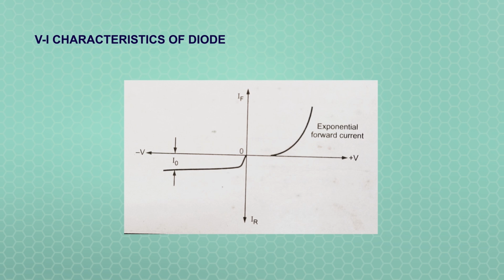And in the reverse bias direction, when the reverse bias is applied, a small amount of leakage current flows and its characteristics is linear in nature. Since I naught is due to minority carriers generated due to thermal energy, I naught is temperature dependent.